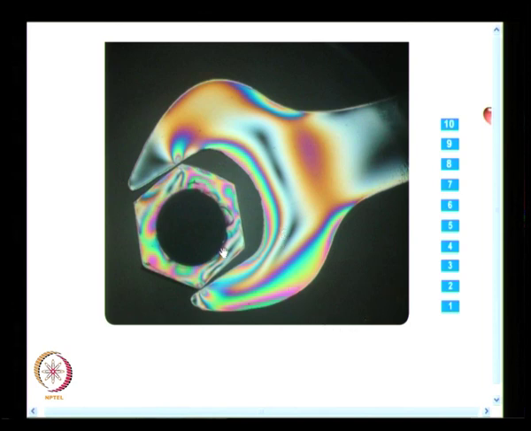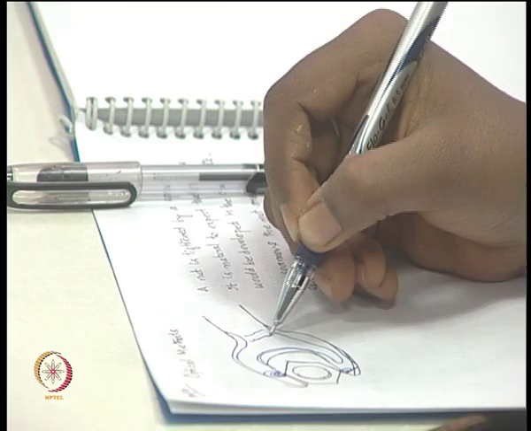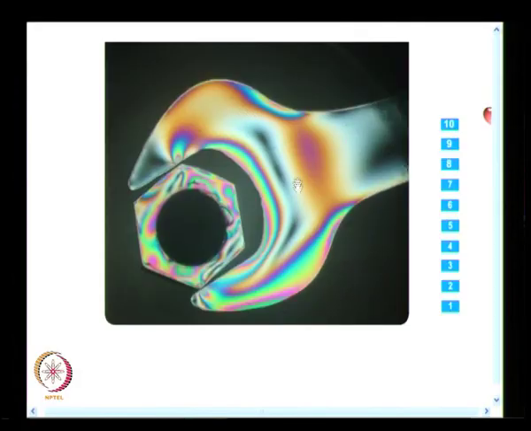And the first information I get is over the entire spanner. I get whole field information from an experiment.